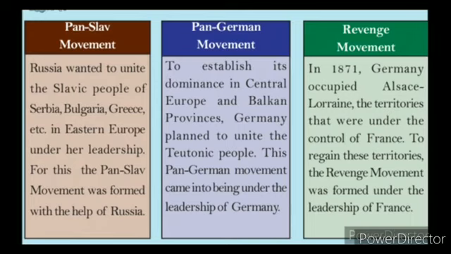The third movement that was formed by France, the revenge movement. It is established for regaining Alsace-Lorraine territories which was controlled by Germany from 1871.